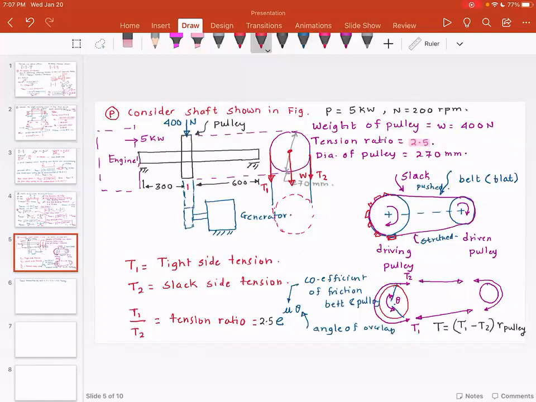So the total load on this shaft is going to be the weight of the pulley, the tension on the tight side, and the tension on the slack side.